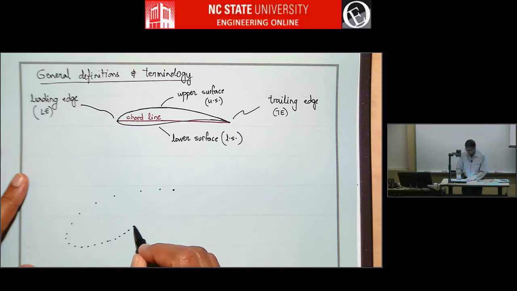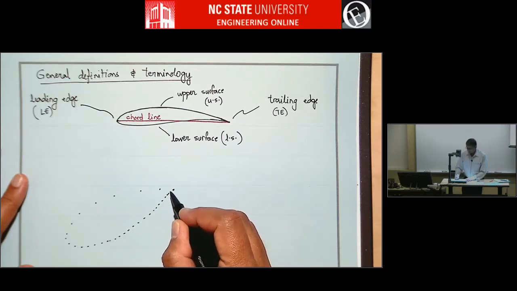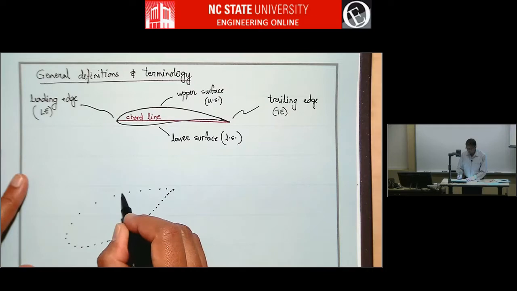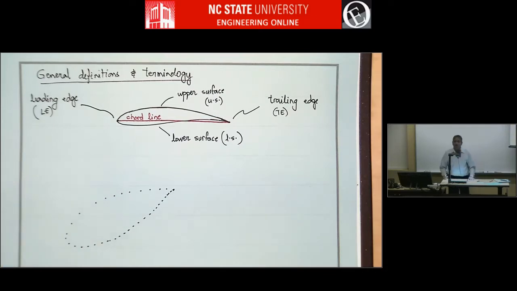This is like maybe a lot more points, right? I'm just drawing a few points for illustration. It's not going to give you the geometry with chord line level, right? It's just going to give you how the airfoil section is situated at that particular instant. So how do you go about deciding which is the leading edge?